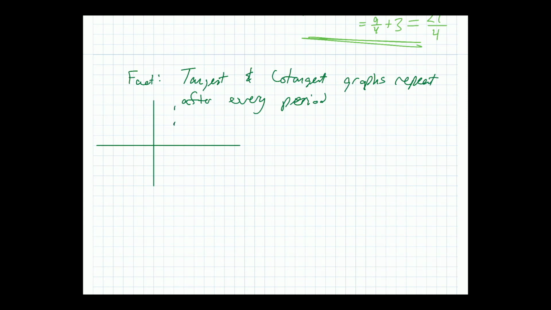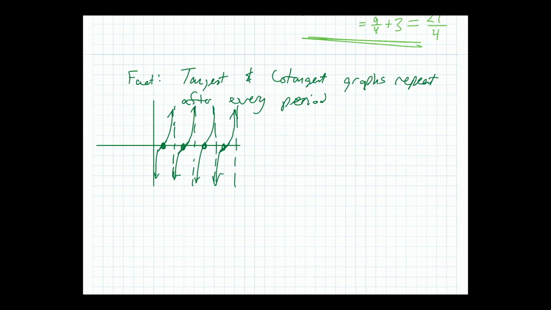But if I have a bunch of asymptotes like this, then in each section it's the same graph, just repeated over and over again. And so if you knew this, if you had this table, or rather, let's say this.